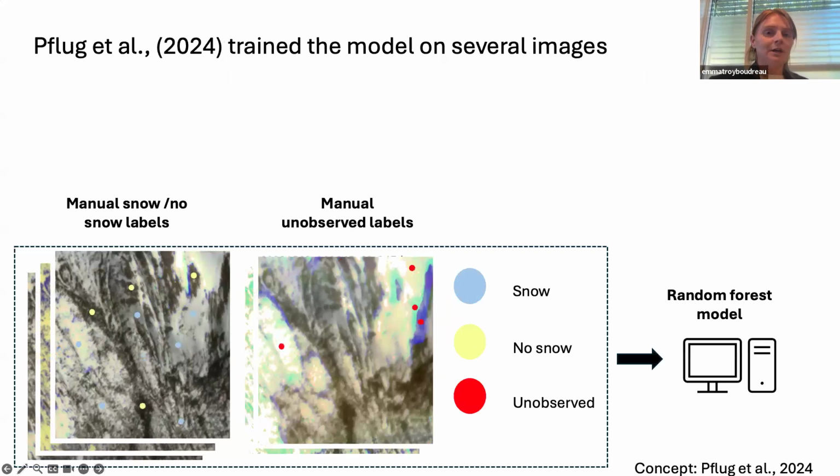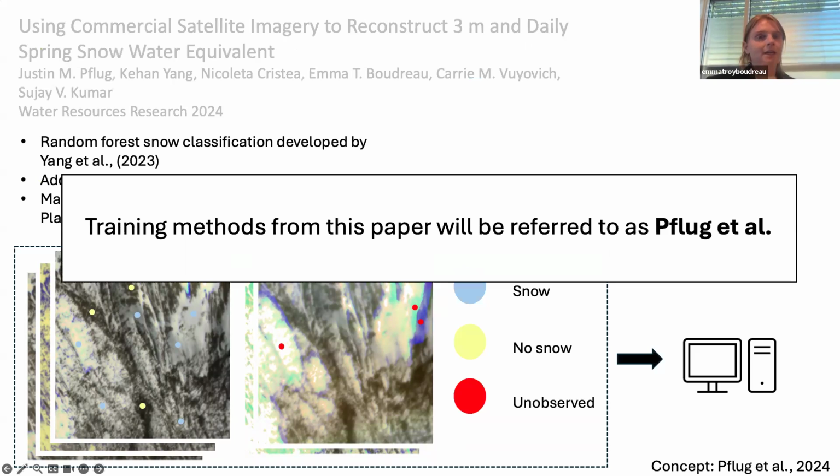And so they actually do this on multiple images. So this way, the model is exposed to a wider range of reflectance values and might be able to handle different image quality conditions. And moving forward, the training methods in this paper are referred to as Flug et al.